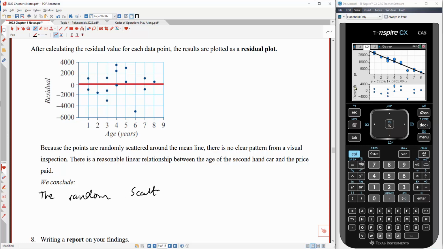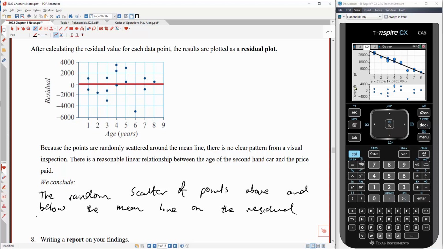the random scatter of points above and below the mean line on the residual plot suggests a linear relationship.